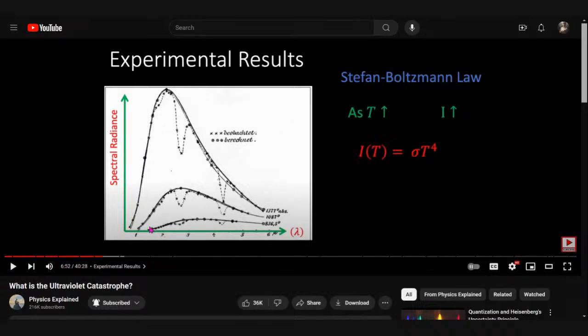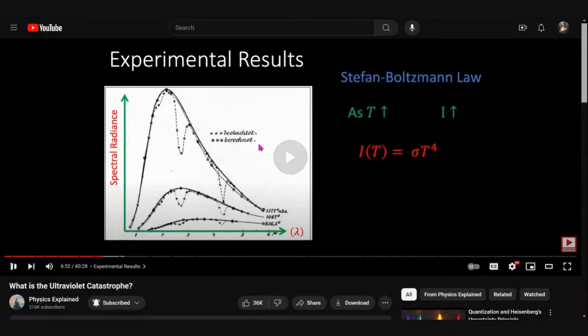So for any given temperature, some of the wavelengths are going to be very short, very dangerous. Some are very long, very not dangerous, and some at the center of mass.